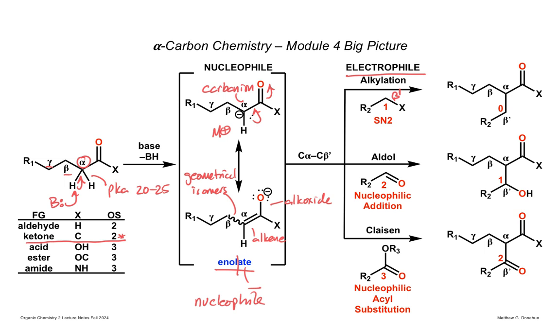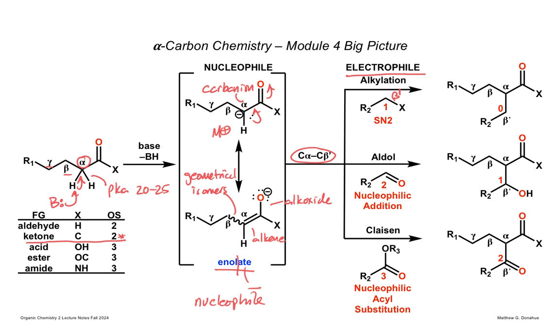The take-home message for all of these is that you're always forming a bond between the alpha carbon and the beta prime carbon. When you look at the oxidation state of the products, see how it's one lower? So that beta prime has always been reduced.